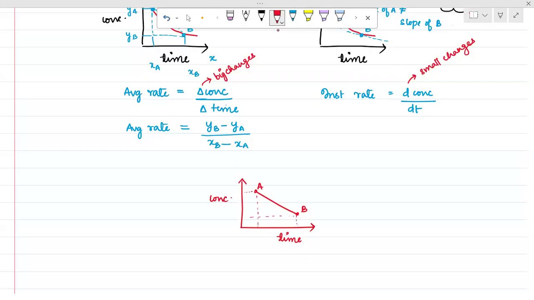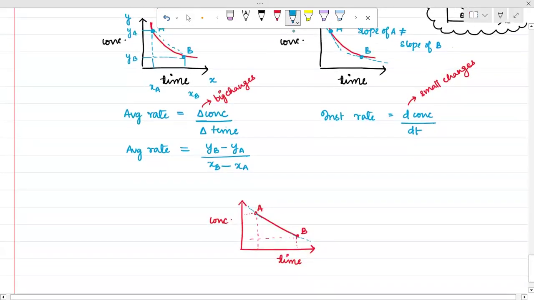What about the tangents? At A also you will get this tangent. At B also you will get the same tangent because it's not a curve anymore. In the earlier section, it was a curve because of which you had to draw a tangent.